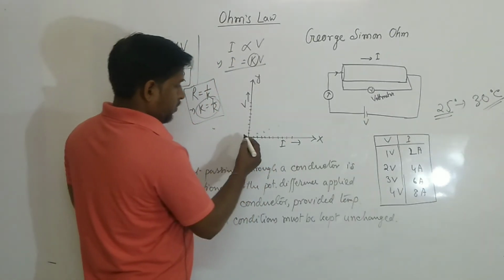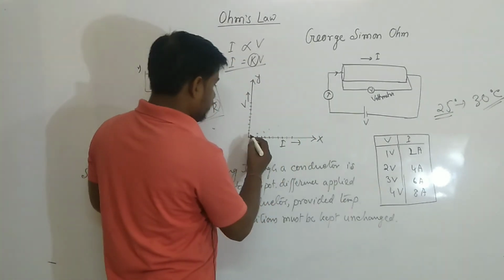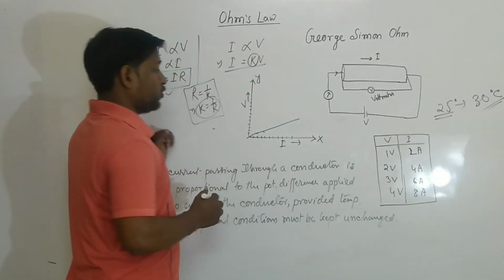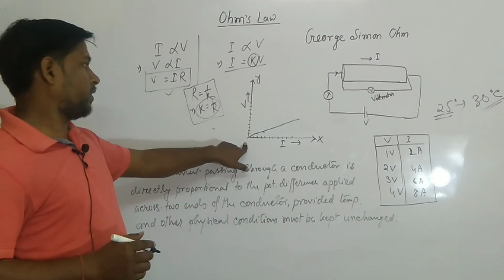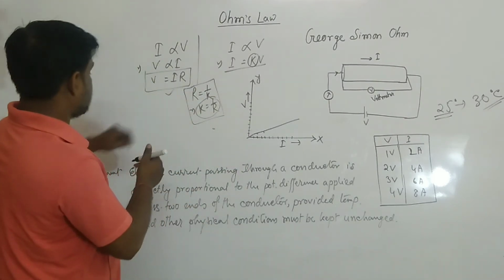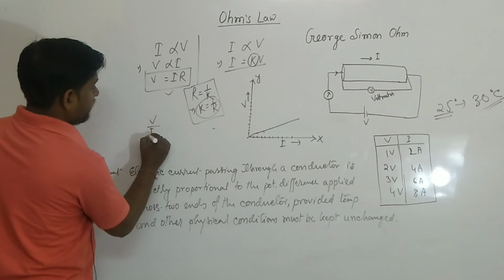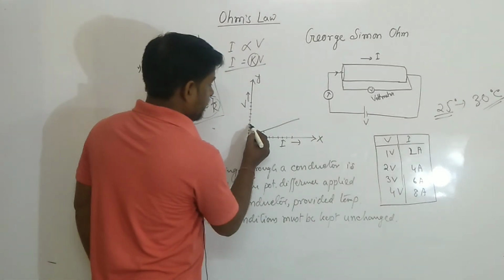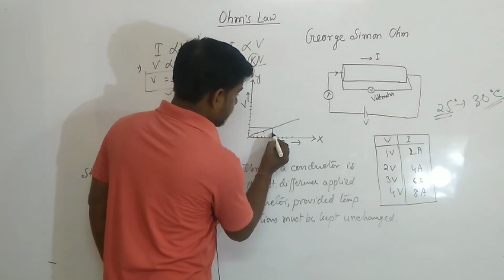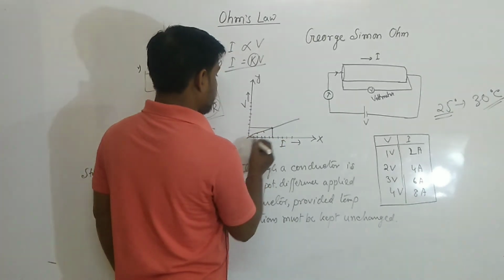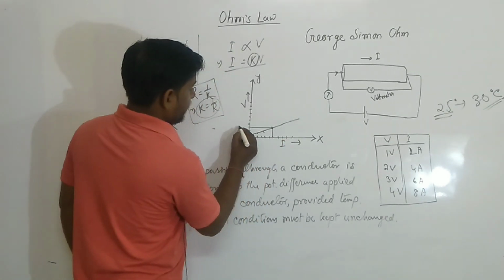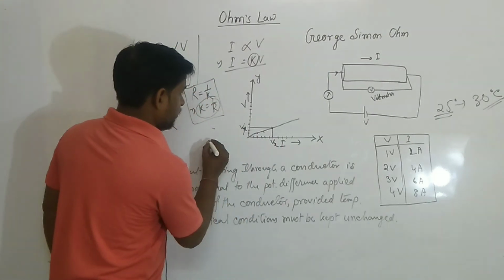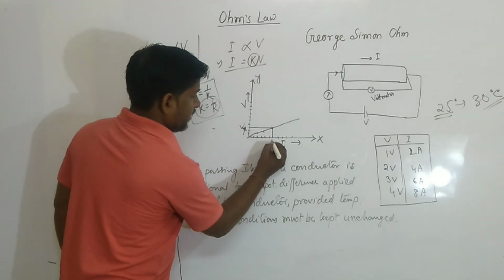So if we plot different points like this, we will get a straight line like this, and this straight line always passes through the origin of this graph. From this relation, V by I is equal to R. That means the slope at a point from this graph will give you the slope, suppose here it is Vy, here it is Ix.